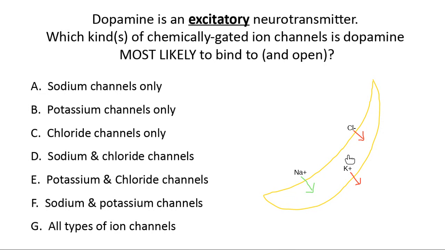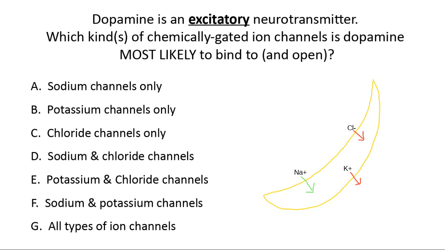Now let's put this in the terms that we mentioned before we split up into groups. When I have an excitatory neurotransmitter, what's the abbreviation that I use to describe the kind of change that it does in the membrane? Yeah, exactly.